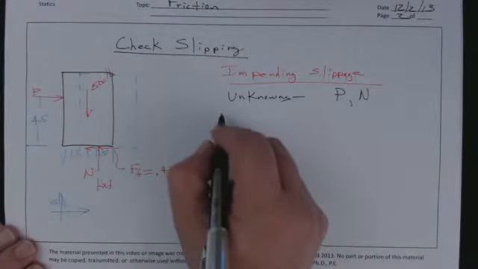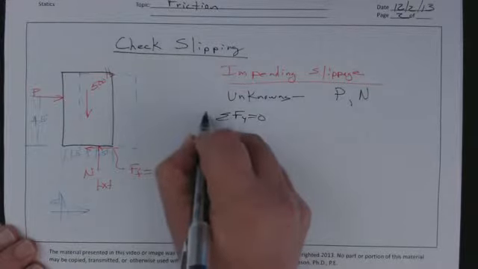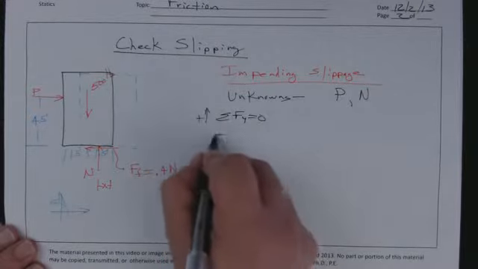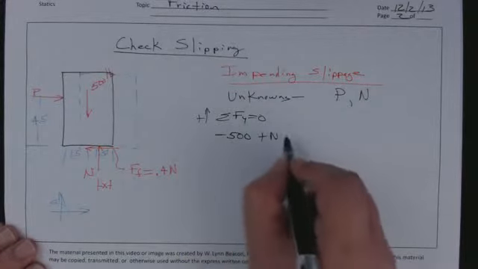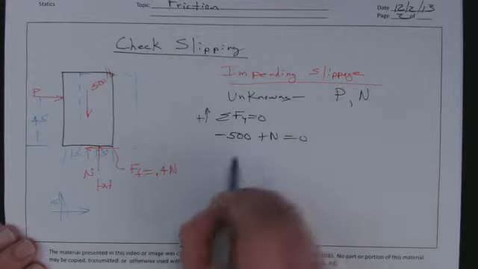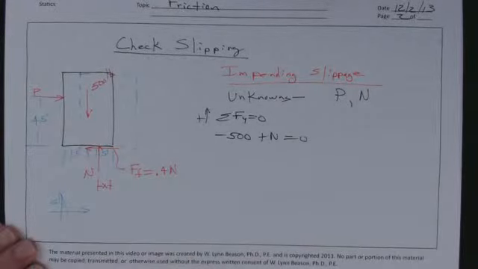And then what I think I'll do is I'll sum forces in the y direction, assuming that that's upward. So I'll have minus 500 down plus n up is equal to 0. Now this guy here doesn't have a vertical component, and so this is a fairly straightforward situation.